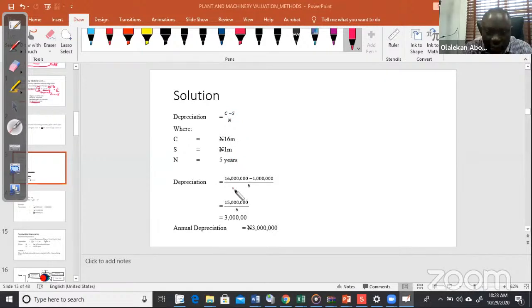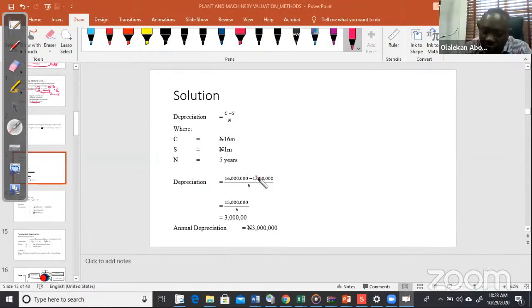So we have 16 million minus 1 million, all divided by 5. 16 million minus 1 million will give you the depreciable sum, or depreciation base.